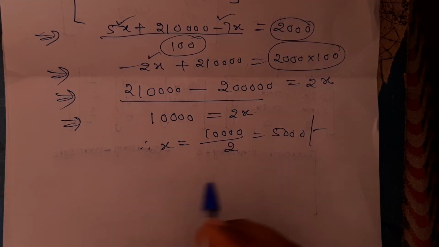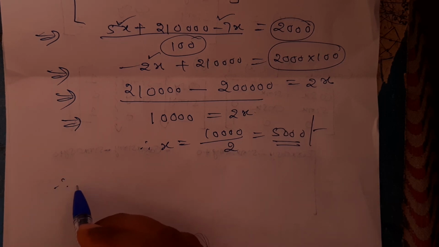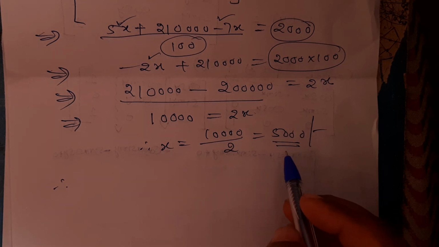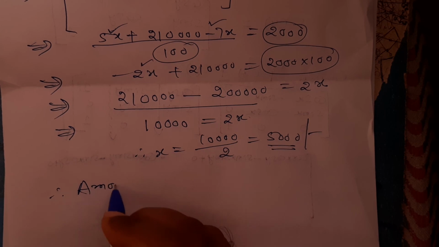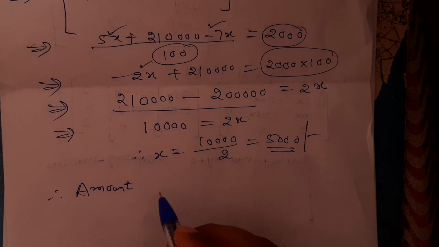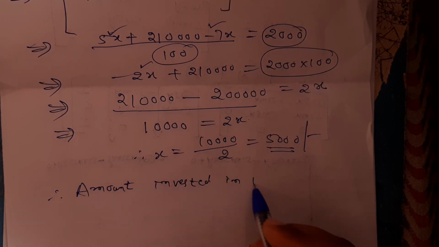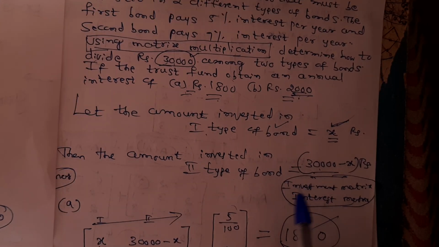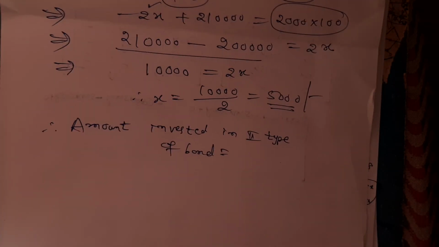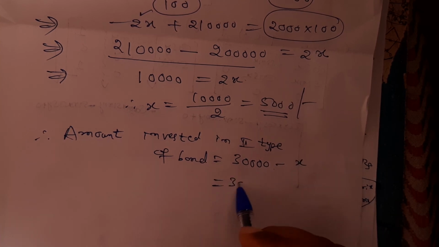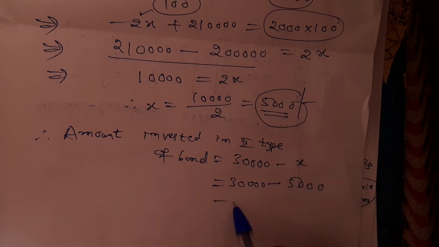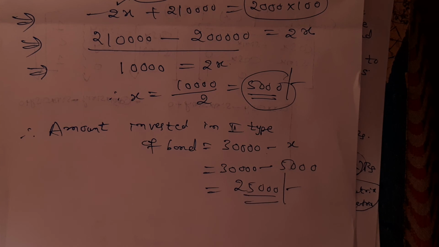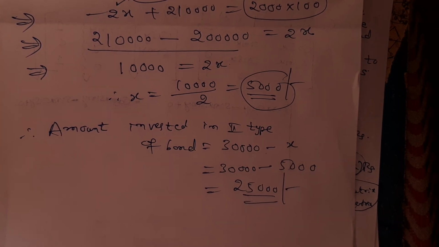Okay, therefore the amount invested in the first type of bond is 5,000 rupees. Now the amount invested in the second type of bond was 30,000 minus x. That will be 30,000 minus this x, which is 5,000. So we subtract 5,000 and I get 25,000. So the amount invested in the second type of bond is 25,000, and in the first type the amount invested was 15,000 in the earlier case.